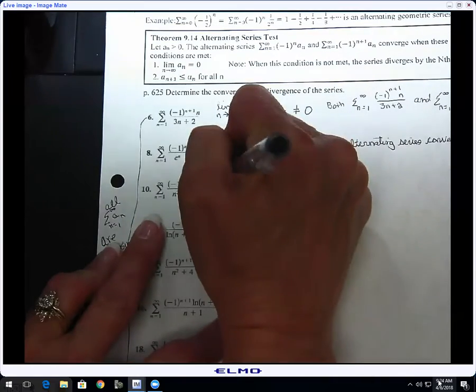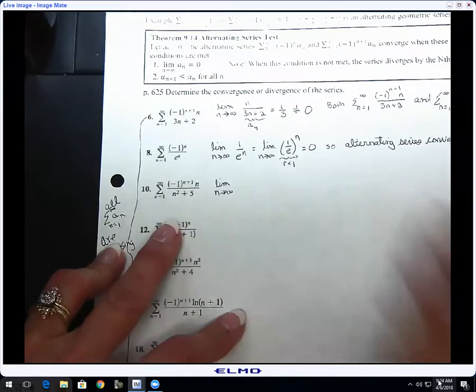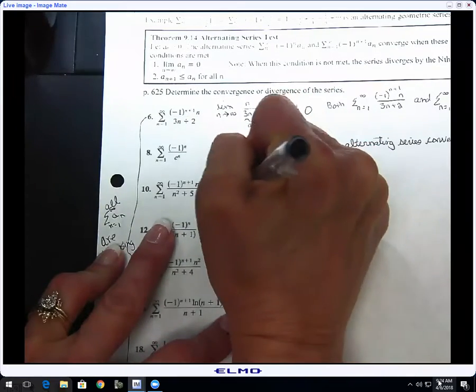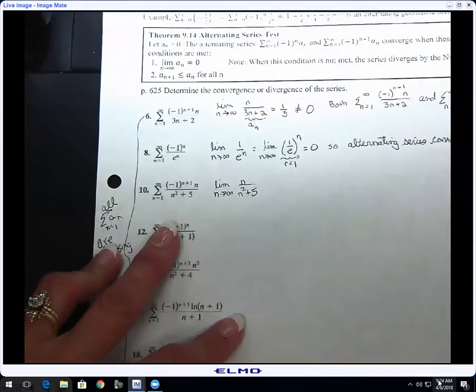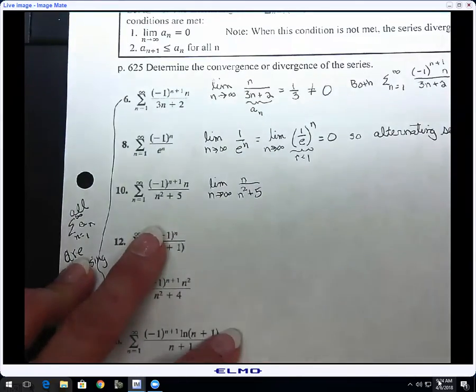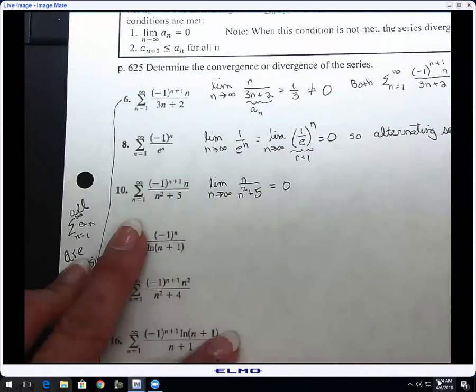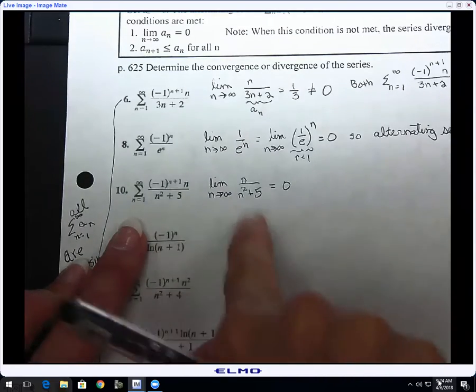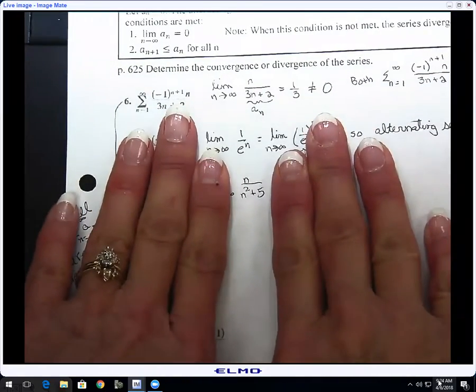What about the limit as n goes to infinity of n over n squared plus 5? What's that limit? Zero. You just use the rational zeros theorem on that. The degree of the denominator is higher than the degree of the numerator. That limit being 0 doesn't tell us that this series converges.